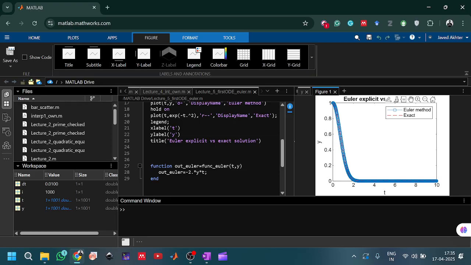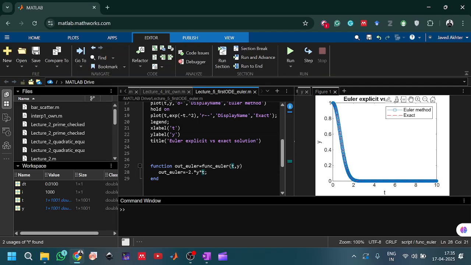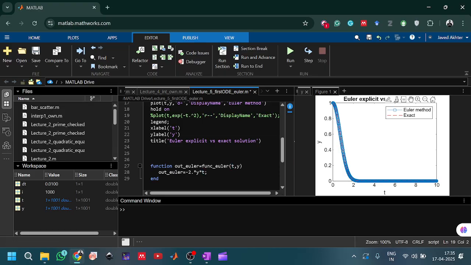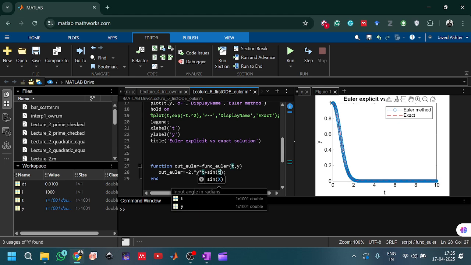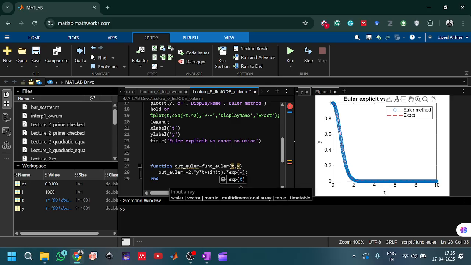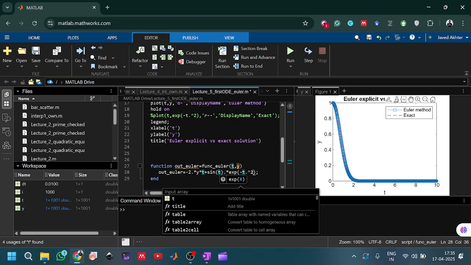Okay, so fine. In this way you can create a very complex function. For example, you can also include sine t. Then with that sine, you can also have some exponential t square multiplied and so on.